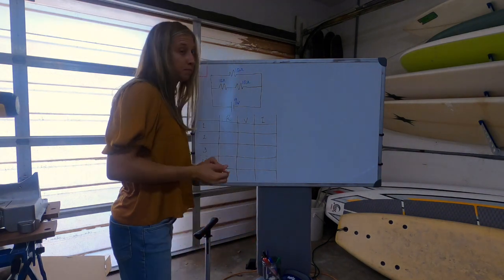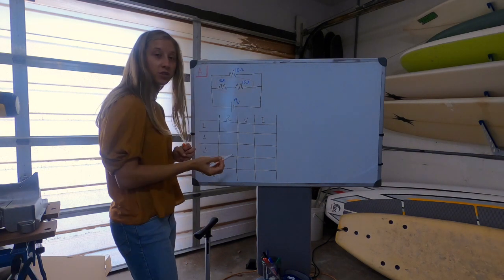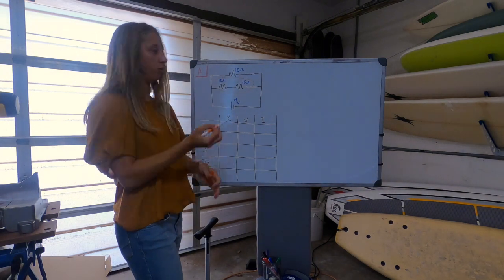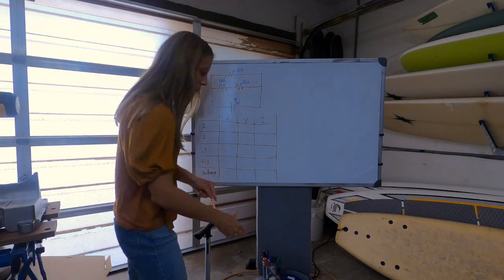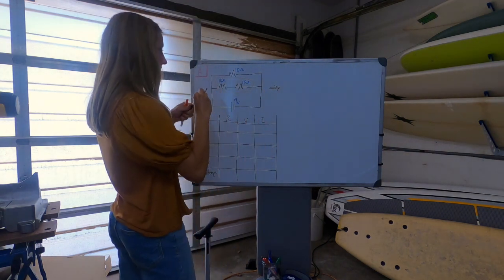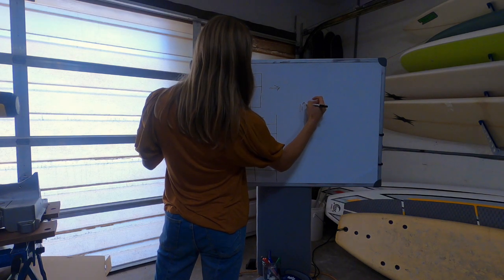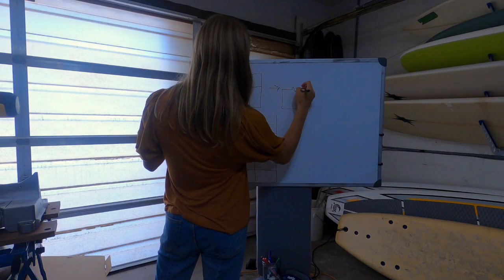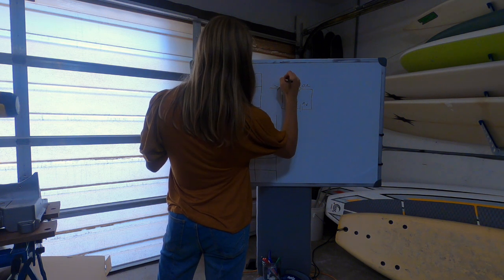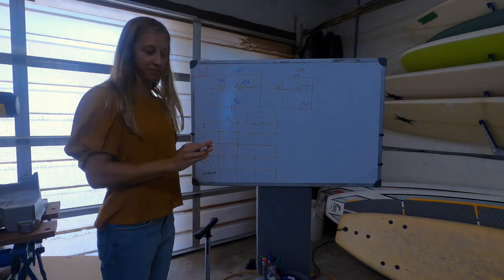First thing you notice, these two resistors are in series. They are on the same branch. So I'm going to add them, which will give me a resistance of 20 ohms. Redraw my circuit. Here we have.